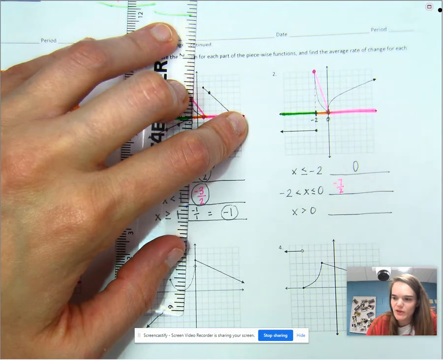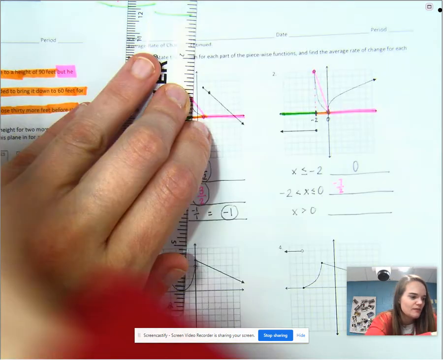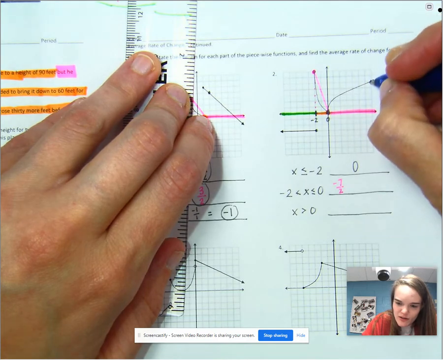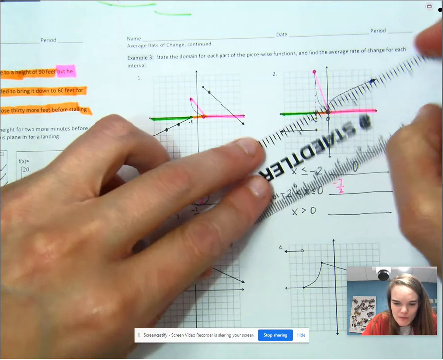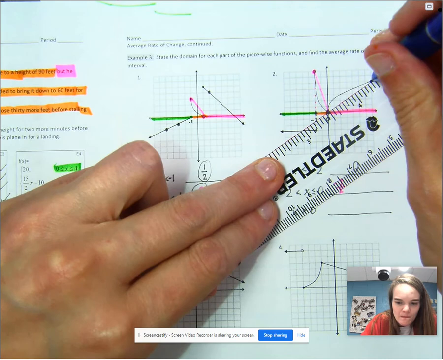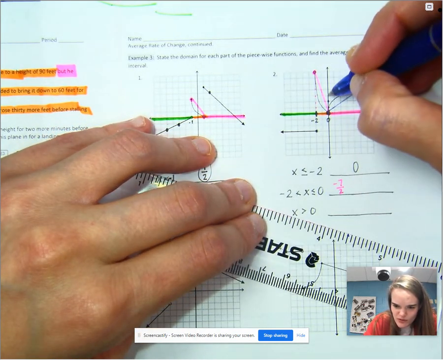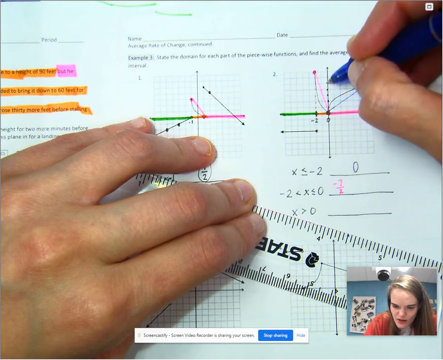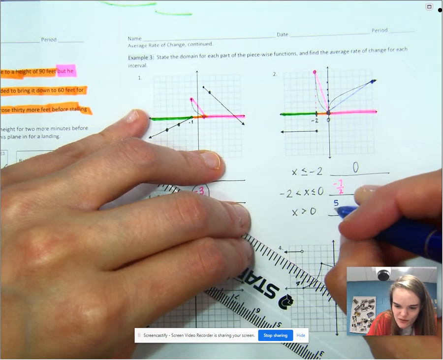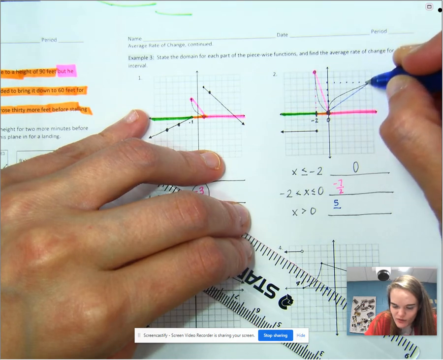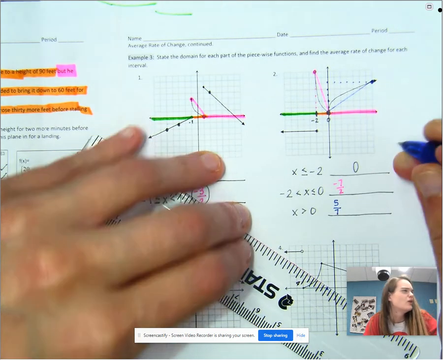All right, and the last piece here, the average rate of change is from here to here. It's going up 1, 2, 3, 4, 5, rise 5, and run 1, 2, 3, 4, 5, 6, 7, 5 over 7.